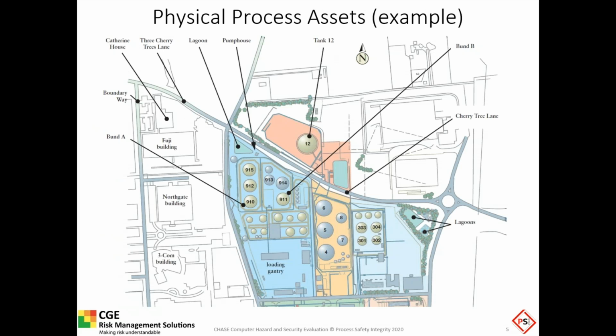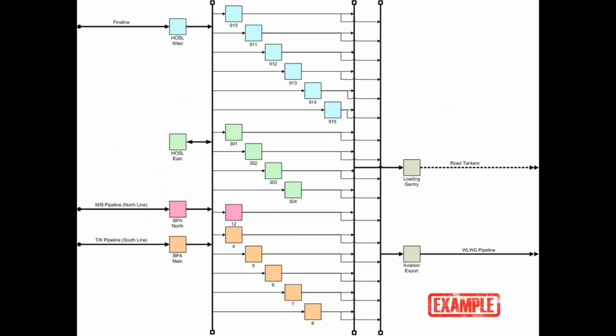So to try and bring some context to the assessment, we start off with a simple scoping and screening exercise. In this example, from the Buncefield report, we see the Buncefield tank farm before it suffered a fire and explosion in 2005. We've got a familiar plot plan looking down on the facility, different tanks, different assets in place, and we can summarize or simplify that using a topological representation.